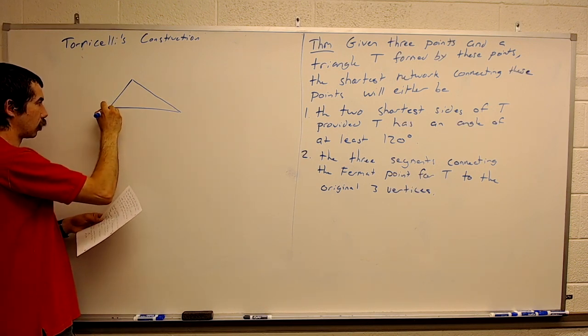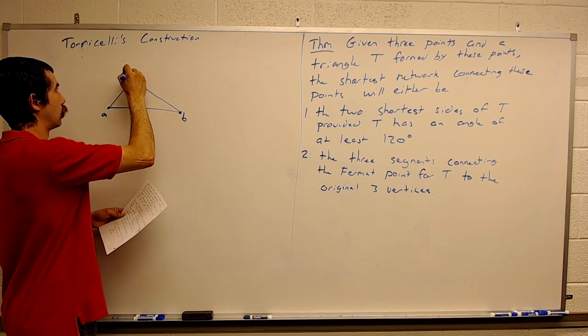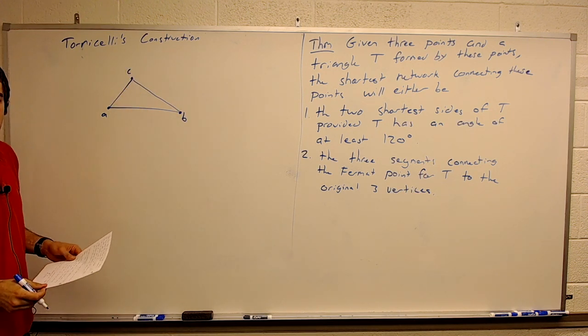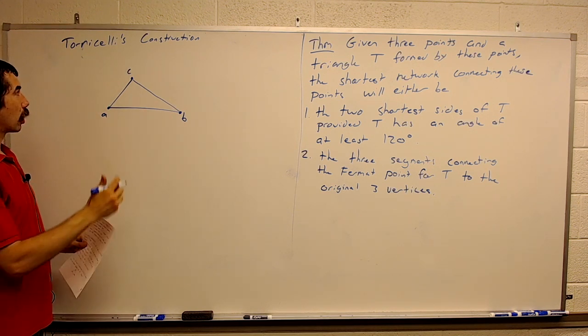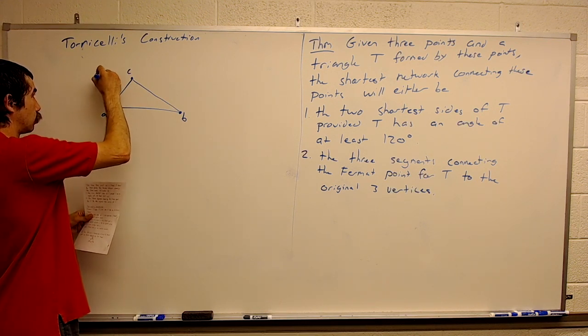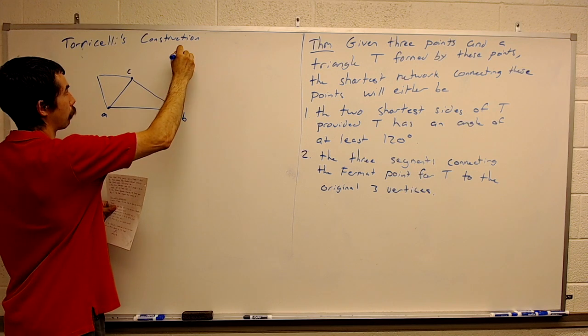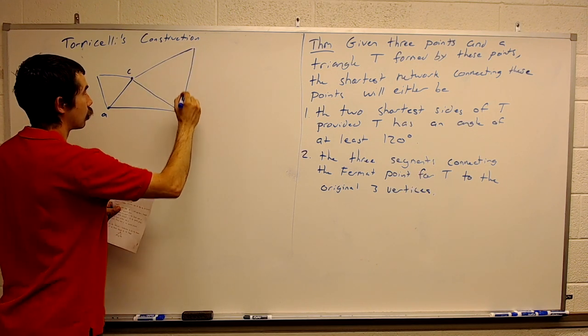Okay, so let's say it's A, B, and C. On each of the sides, we are going to make an equilateral triangle. I'm going to try my best to eyeball this, but of course we could do this with a computer.